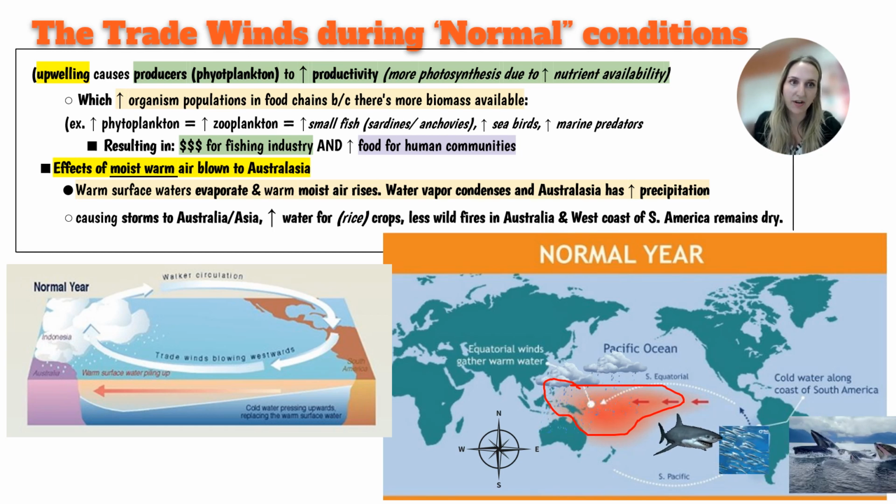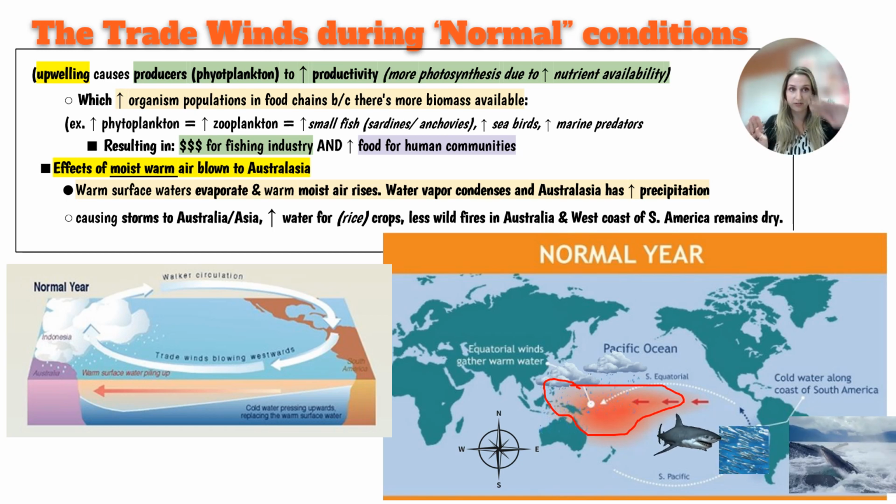And South America is going to remain dry. And we'll talk about why that's important too. If you know anything about the west coast of South America, it's all mountainous. The Andes Mountains are down the coast of Argentina and Chile, and it's very mountainous.